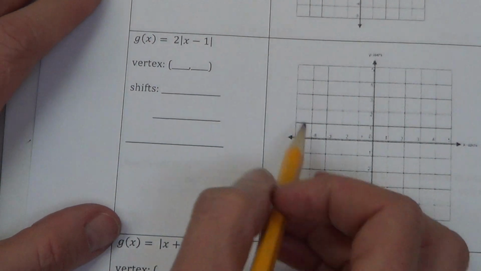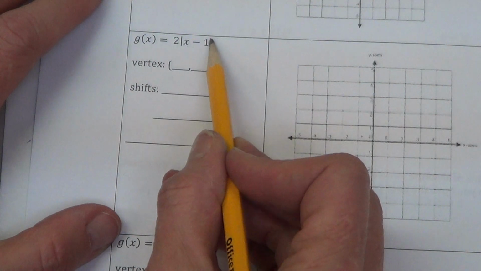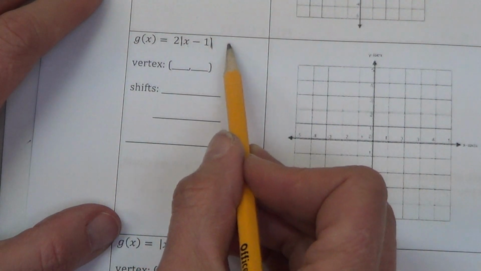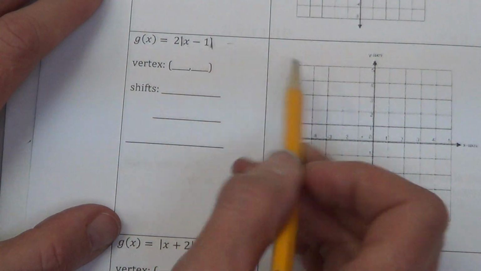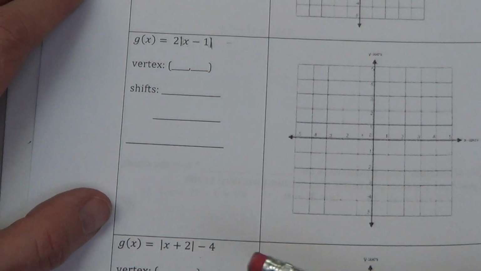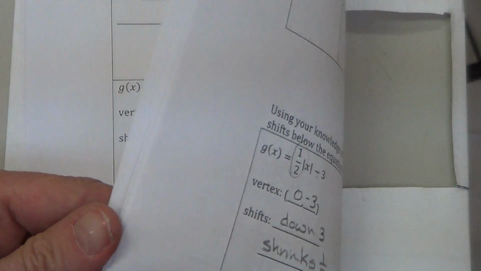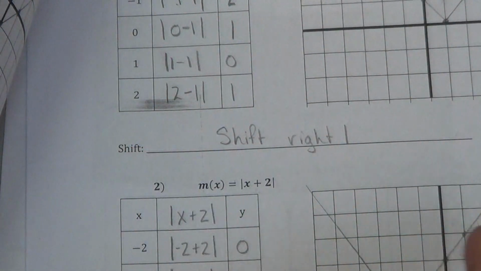So the next one, we have the number inside the absolute, not afterwards. So we know it's not shifting up and down when it's inside the absolute. Look back in your notes. We're on page 9 but we did some of those transformations inside the absolute on page 7.